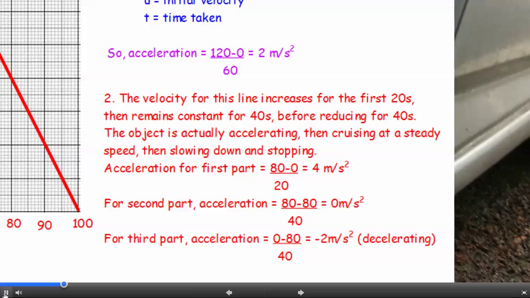It's not accelerating, it's cruising at a steady speed. And for the third part, the final velocity is 0 because it stops, minus the initial velocity, which is 80, and it took 40 seconds to do that. So it's 80 divided by 40, but remember it's got a negative sign in front of it, so its acceleration is minus 2 meters per second squared.